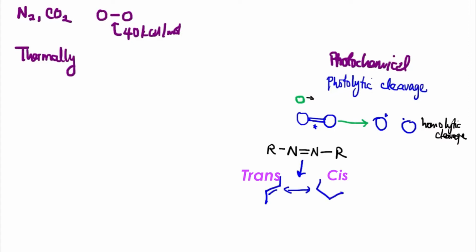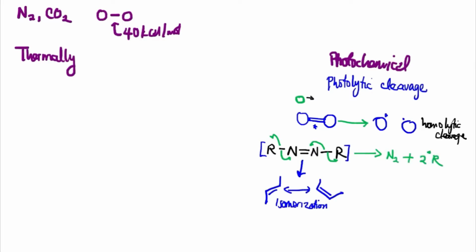This is a competitive reaction where the molecule absorbs a specific photon energy, and this could either result in isomerization, or on the other side the formation of radicals, which is the cleavage of the R-N bonds by absorbing another energy. This results in the formation of a triple bond between the two nitrogens, releasing nitrogen gas and forming our two R radicals.